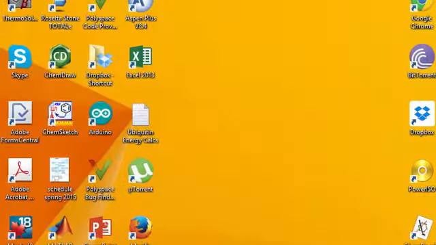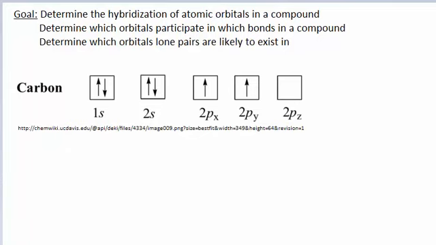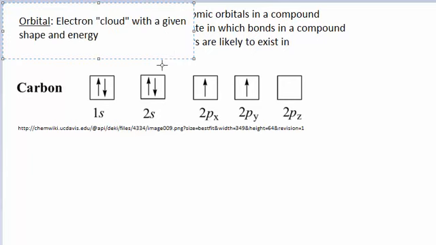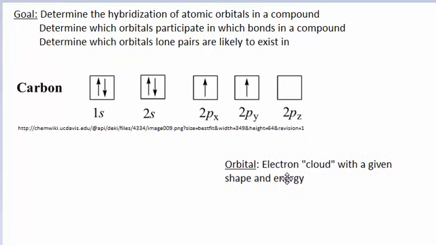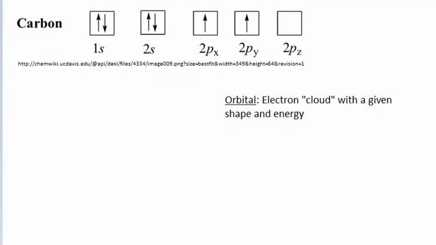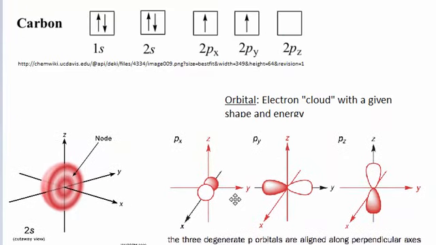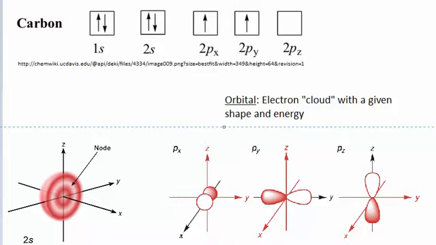Okay, so one thing to remember is what an orbital actually is. The working definition I'll use right now is it's an electron cloud with a given shape and an energy. So what do we really mean by that? Well, first of all, if you've seen pictures of orbitals in textbooks, in particular, we'll look at the 2s and the 2p, then you might see something like this.